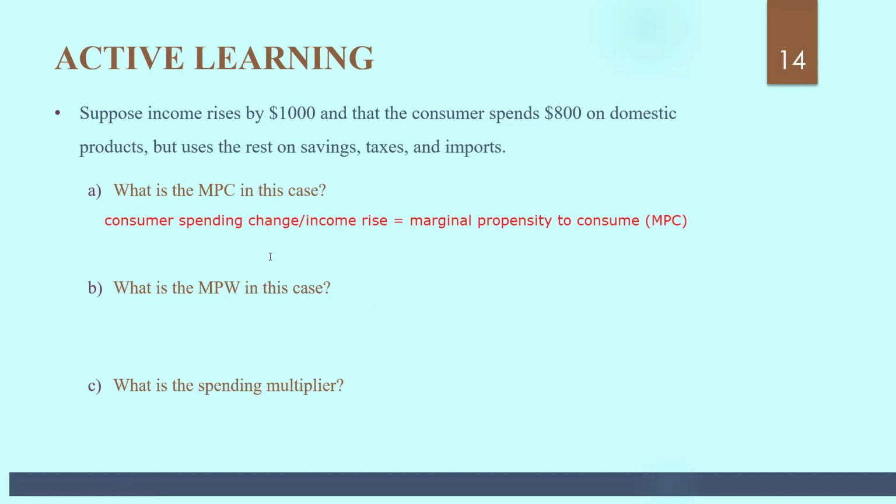So 80% or 0.8? Yes, 0.8, excellent. And then the MPW is calculated as 1 minus MPC. So what would be the MPW in this case? 0.2? Yes, 0.2, excellent.